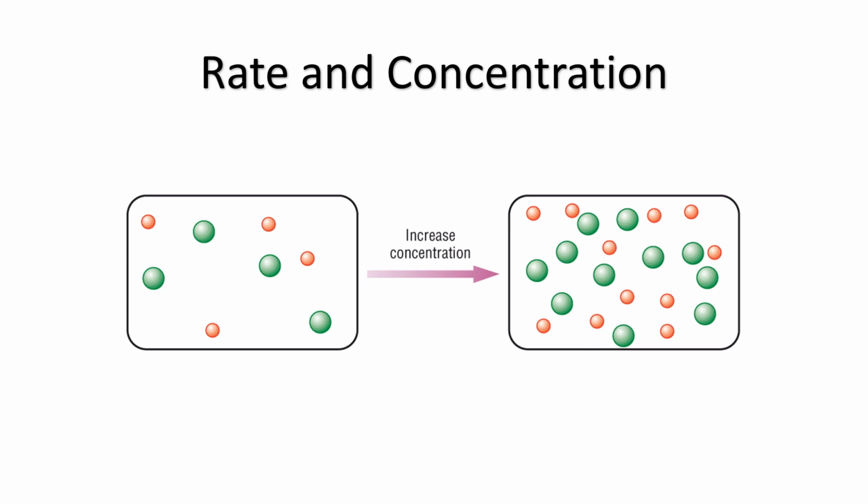However, the actual relationship between rate and concentration is not always that straightforward, and that's what we're going to look at on the next slide, because there are a variety of different relationships between rate and concentration. That's what we're going to be investigating, this link between rate and concentration. There are 3 relationships we need to know, and they are called orders of reaction.